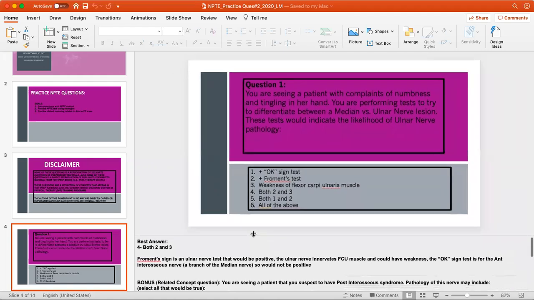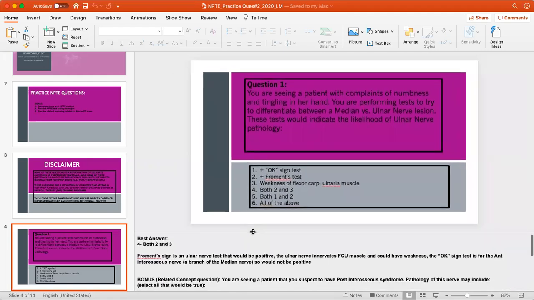So a related question is asking about posterior interosseous syndrome, which, anterior interosseous, we're thinking affects the median nerve. However, the posterior interosseous nerve is a branch of the radial nerve and is going to supply muscles of the wrist and thumb, so thumb extensors and select wrist extensors.